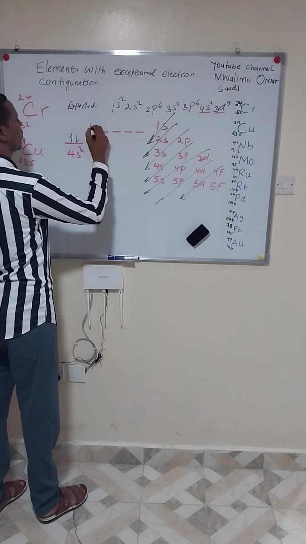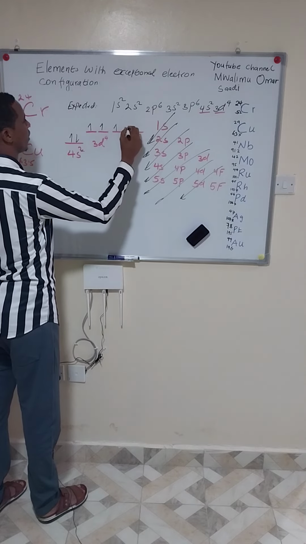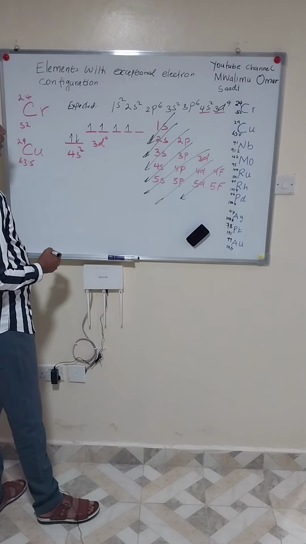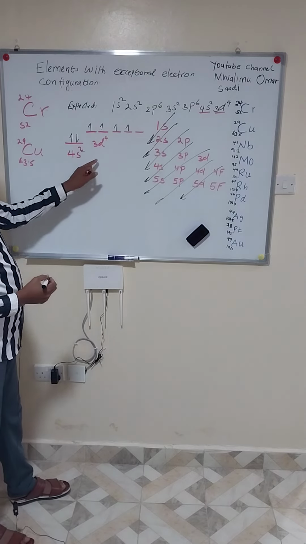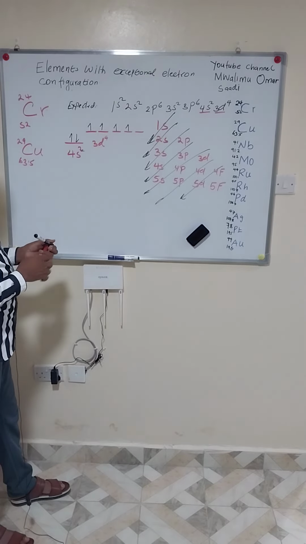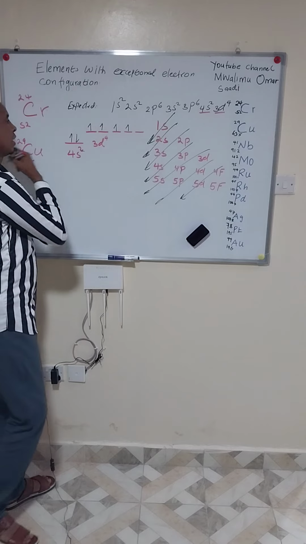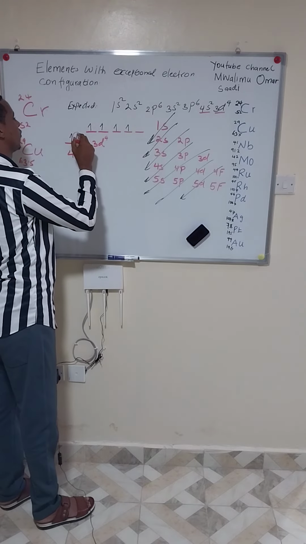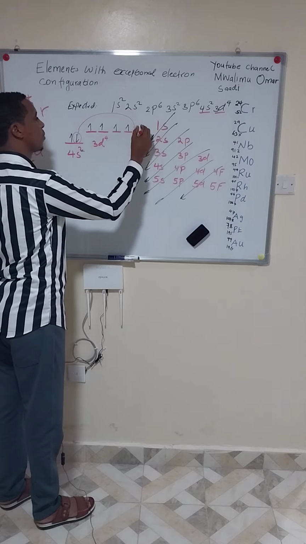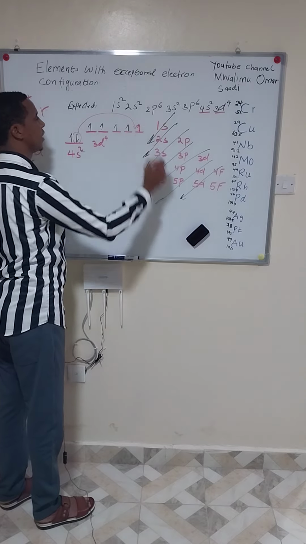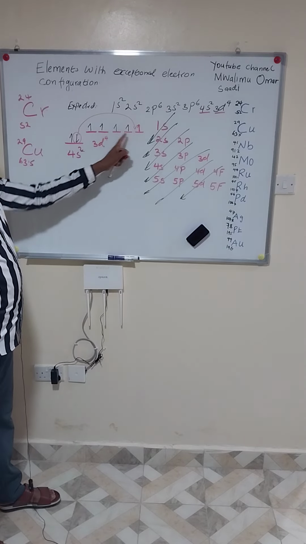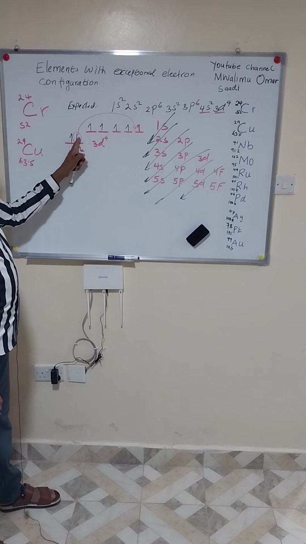And here we have 4 electrons: 1, 2, 3, 4. So those are 4 electrons in the d orbital. In this way, d is not stable. So what will happen is that 1 electron from the 4s2 will move from s to the d orbital and occupy this empty sublevel.